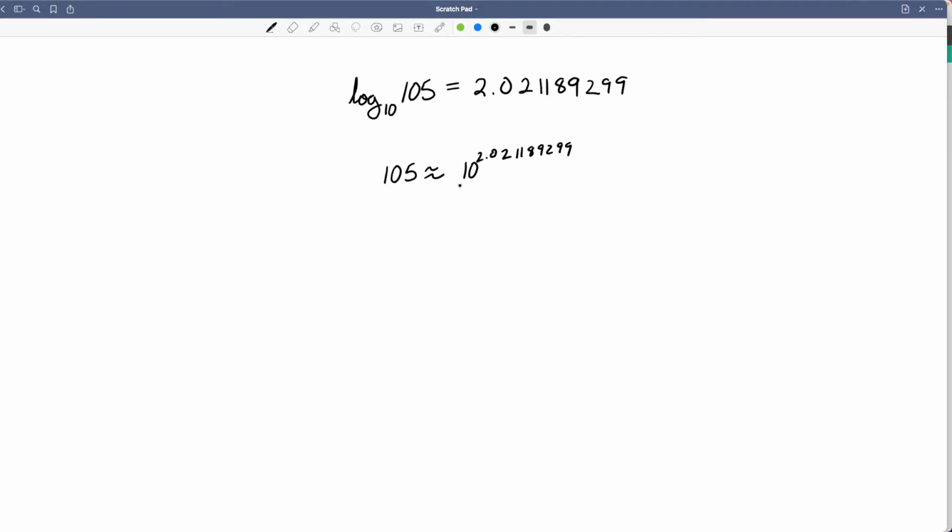Since the exponent is a logarithm, we can also give it that scenario. When the abbreviation log is used, this is the other way it can be written. You could say the log of 105 is 2.021189299. It's understood that this is 10. So if you don't write it, we default.